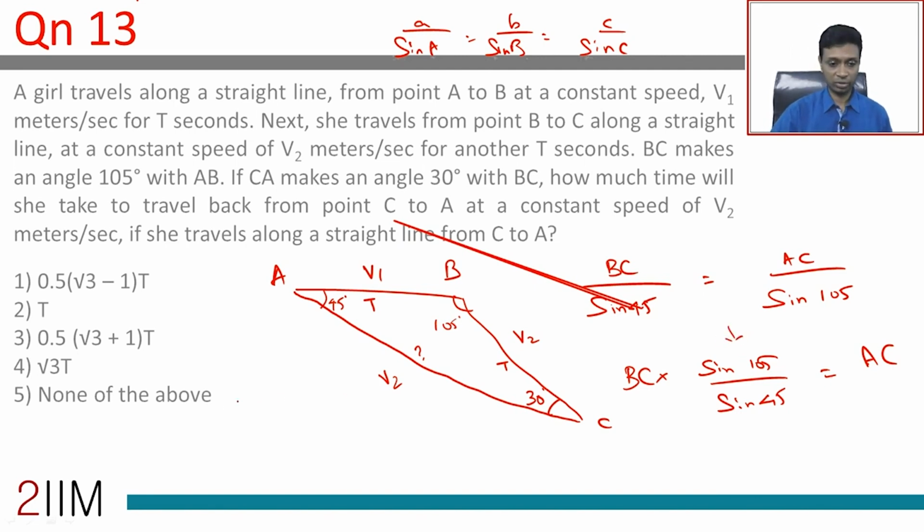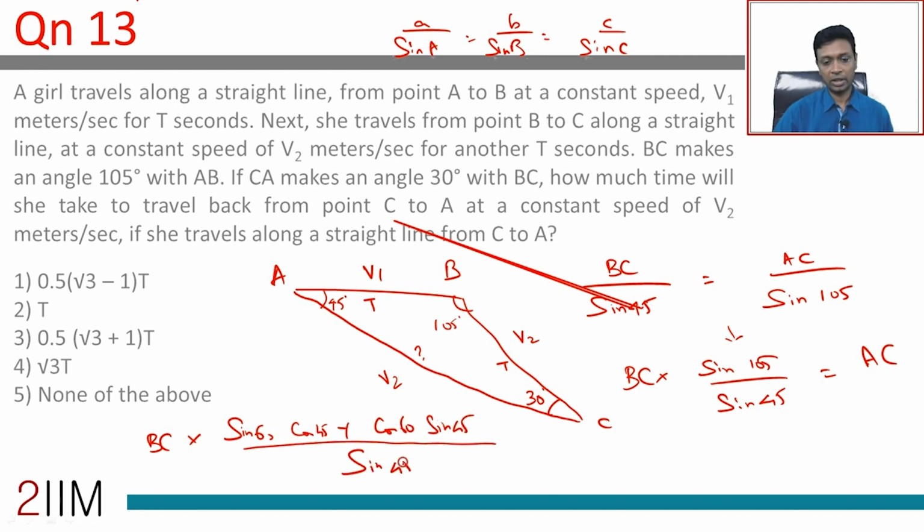Sine 105 is, so this is BC into sine 60 cos 45 plus cos 60 sine 45 by sine 45. Luckily enough, sine 45 is equal to cos 45. So this is out. This is AC. Sine 60 is root 3 by 2.